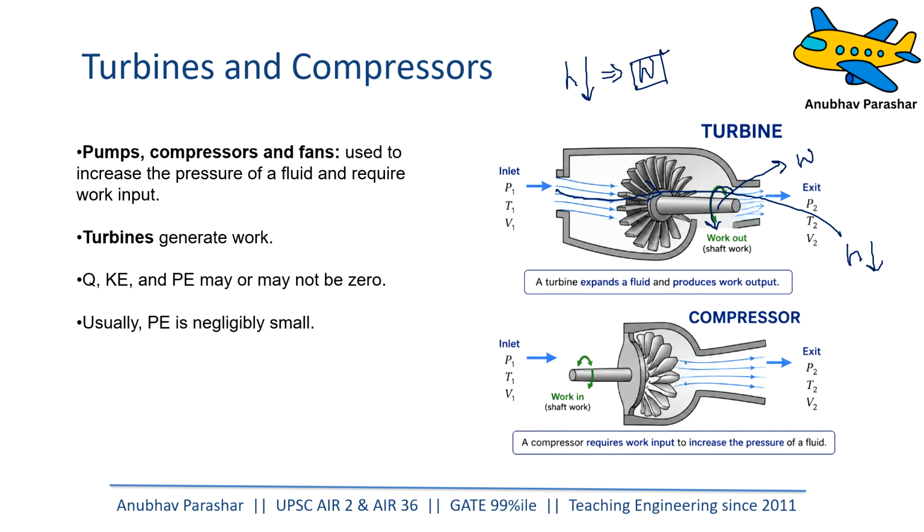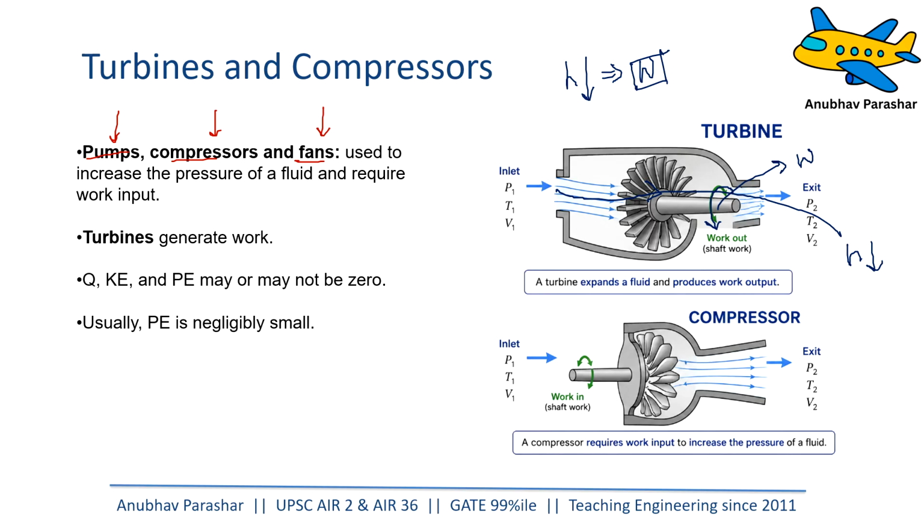by the turbine. Similarly, if you take the category of compressors, the pumps, compressors, and fans are kind of in the same category, right? Pumps are basically mostly for liquids. Compressors, mostly we use for gases. But ultimately, the work of both of them is similar, and it is quite similar to that of fans. So these are work consuming.